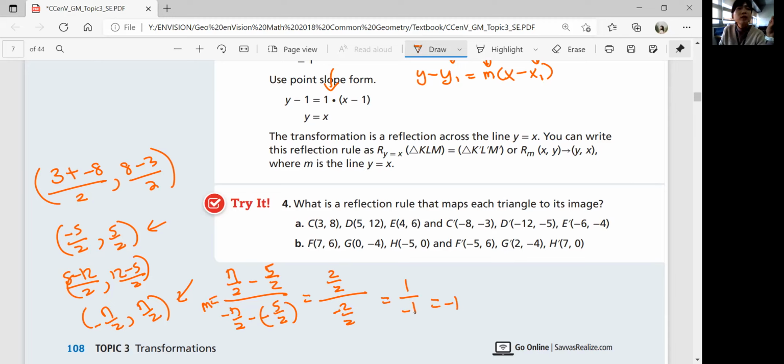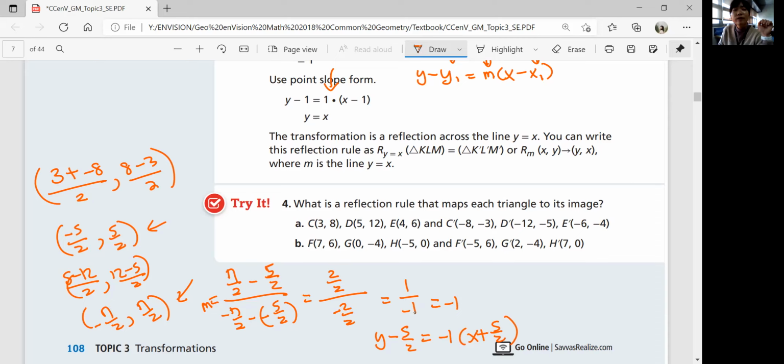Your equation should be y equals, or use the point slope form, pick a point. Pick any point of the midpoint. y minus 5 over 2 equals your slope times x plus 5 over 2, or x minus negative 5 over 2.